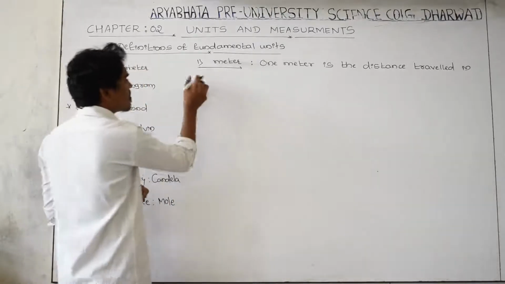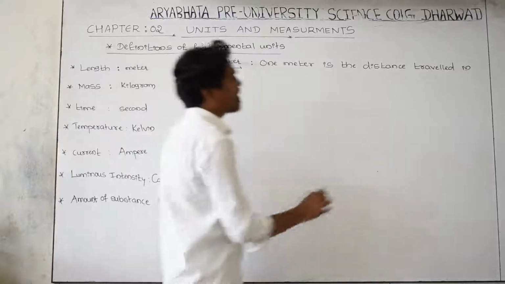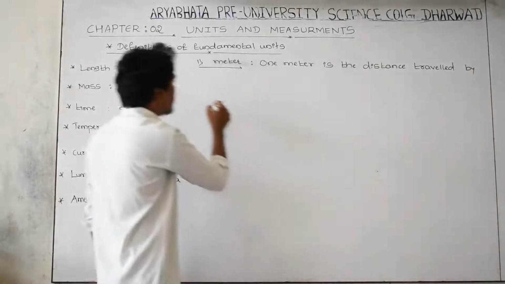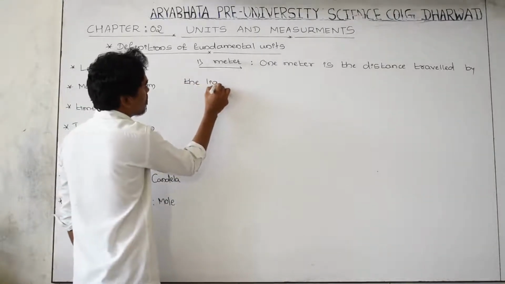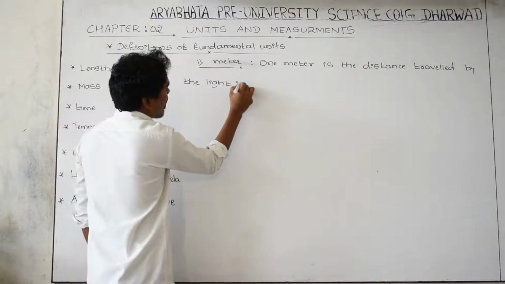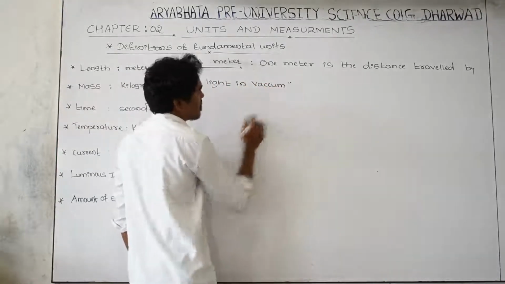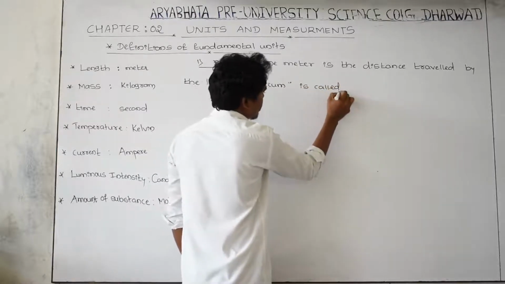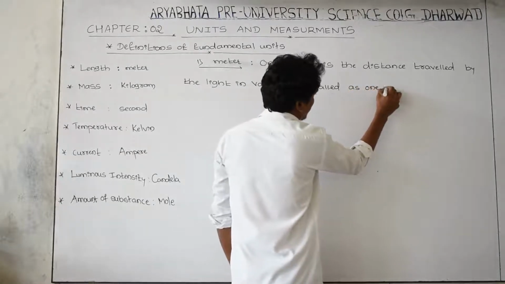1 meter is the distance travelled by light in vacuum. That distance or length is called 1 meter.